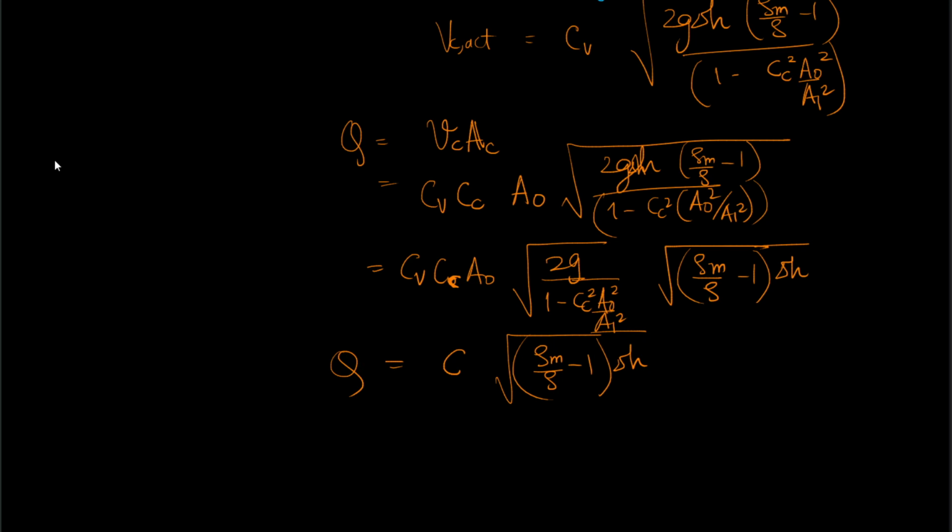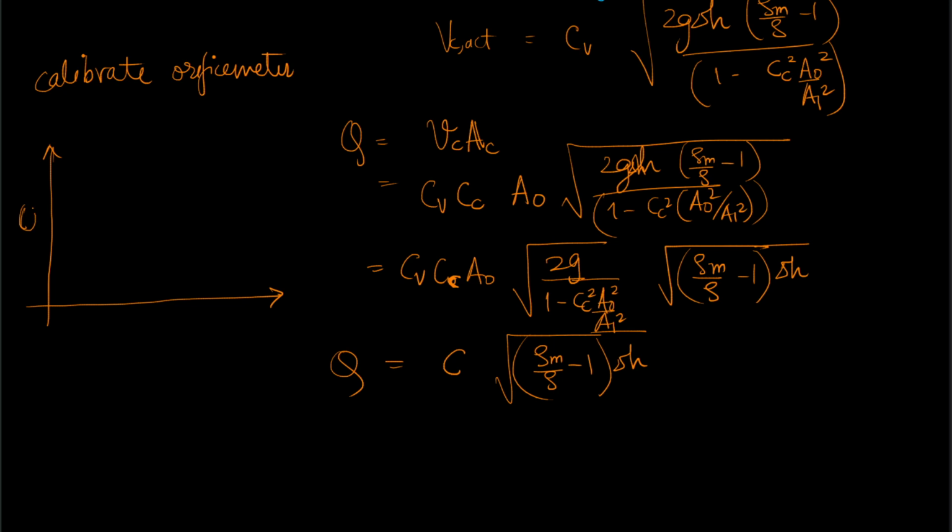So at the very beginning, you have to calibrate the orifice meter, meaning you are given certain known flow rates and you find out the delta H.